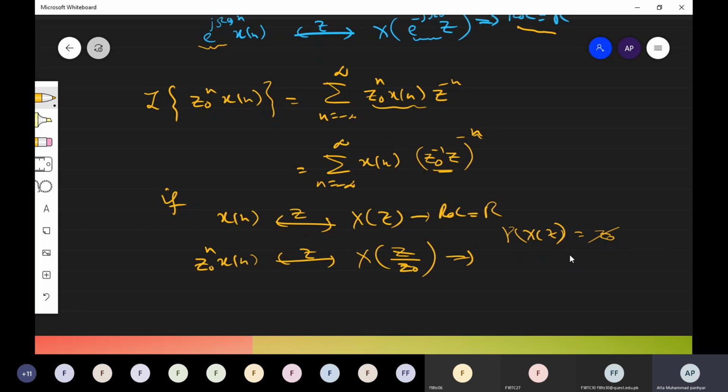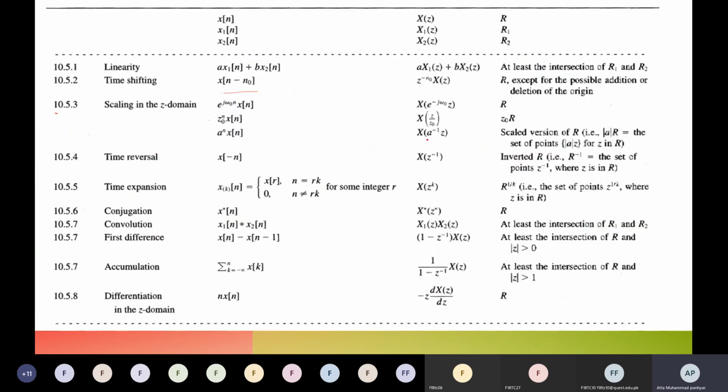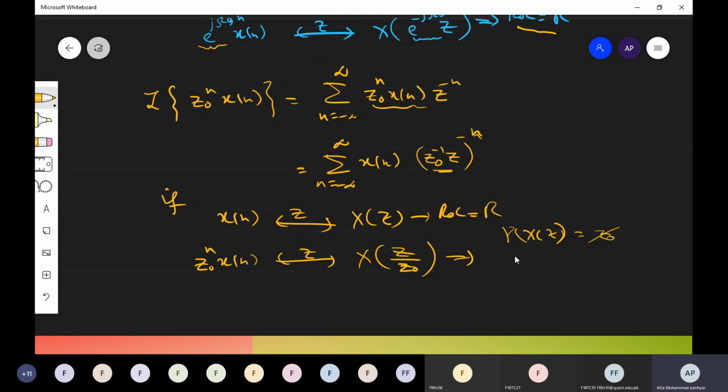So you have to be very careful. The region of convergence must be written in this way: the region of convergence is z naught times R, right? So if we have a pole at z naught, then this z naught multiplied with the pole, and the pole may be cancelled out, right? So the ROC is z naught times R.